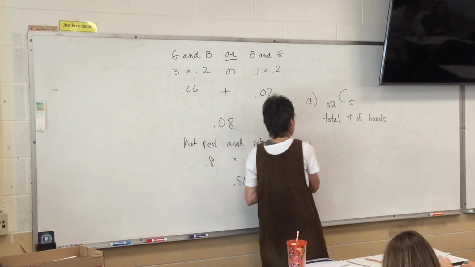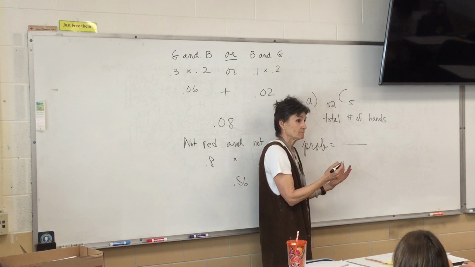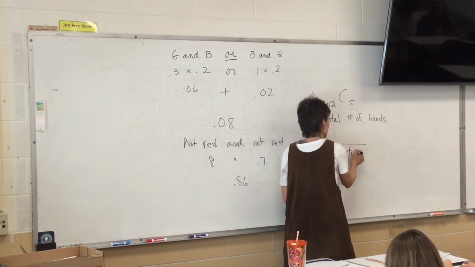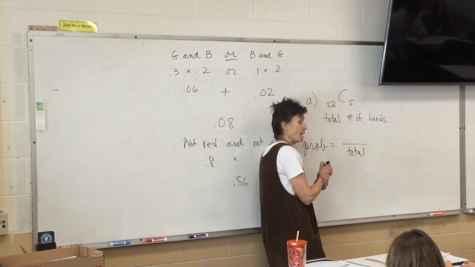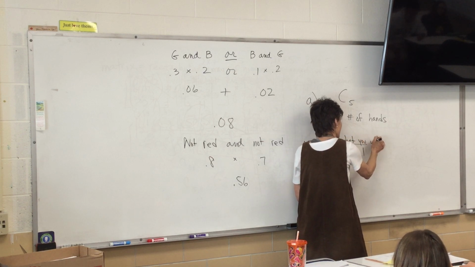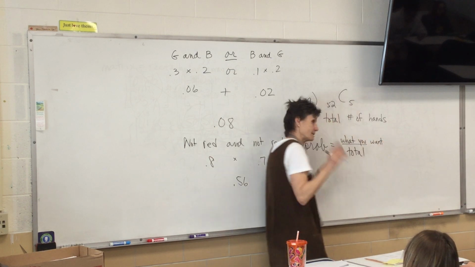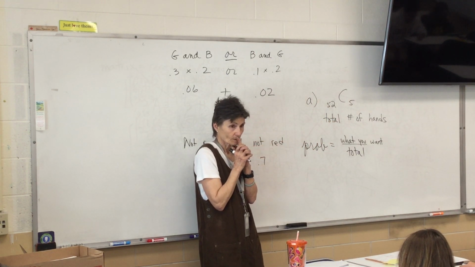Now, do you understand that probability is a fraction? And the denominator is the total? And the numerator is what you want? In math class, we're supposed to call it successes, but it's what you want.